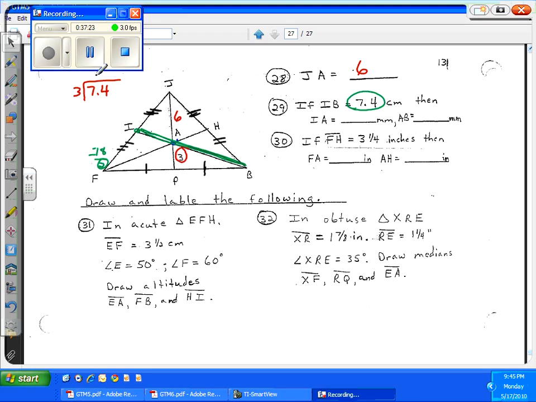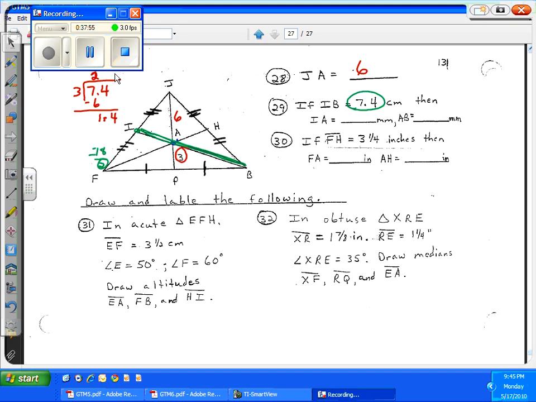It went 2 times, and you get 6 with 1.4 left over.